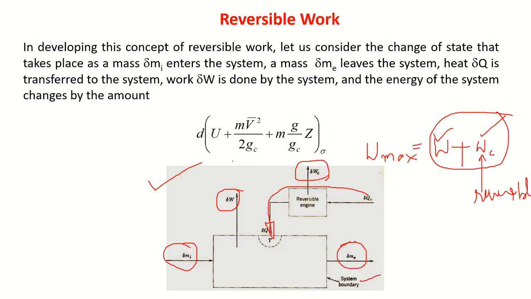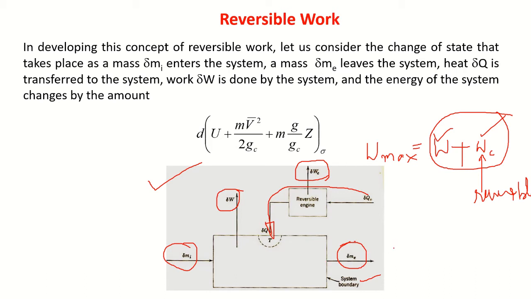Now, if the system is not steady flow type, there is the energy entering over here. So mass is entering, along with that it will have its enthalpy, kinetic energy, potential energy. Also, it will have its own entropy. Here mass is leaving.